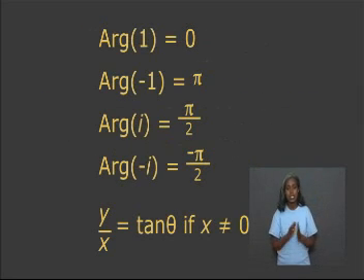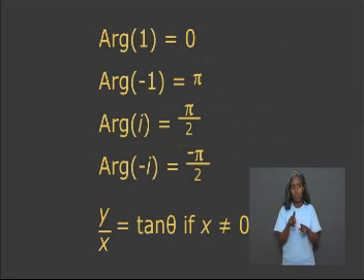The principal argument of 1 is 0. The principal argument of -1 is pi. The principal argument of iota is pi over 2. The principal argument of negative iota is -pi over 2.